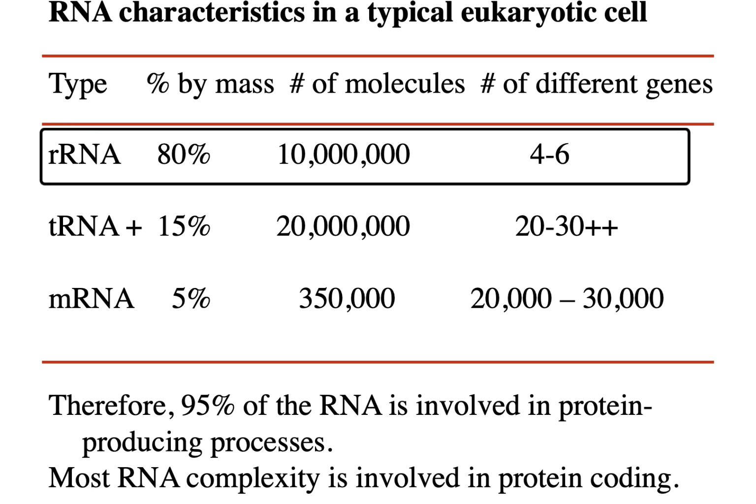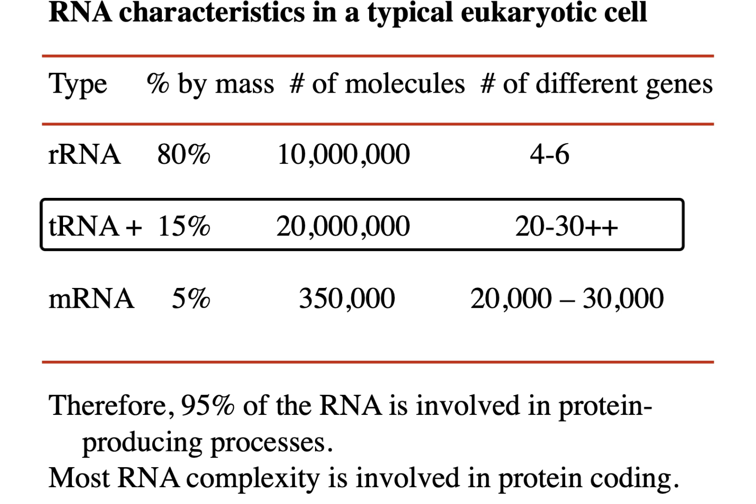In bacteria, that would be lower, probably in the tens of thousands of ribosomal RNAs. But there's only 4 to 6 different genes, so the gene diversity is low. If you look at tRNAs plus other small RNAs, package that all together, that makes up about 15% of the total RNA, about 20 million molecules.